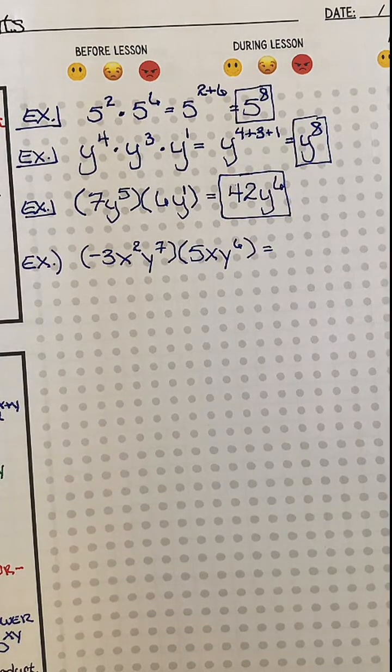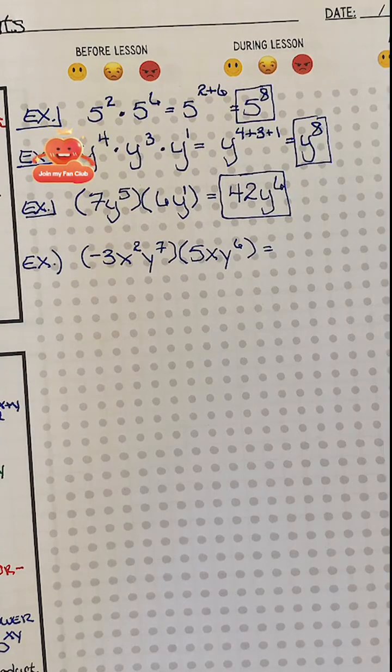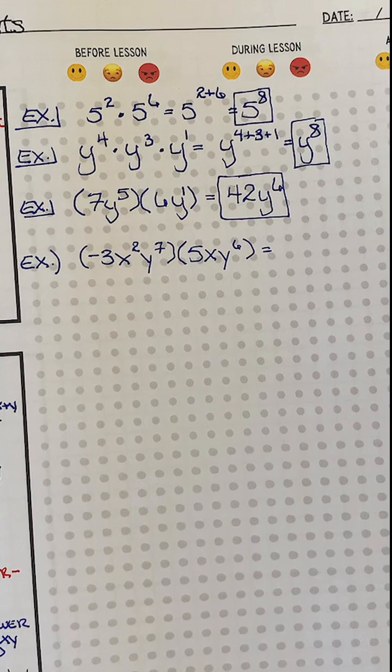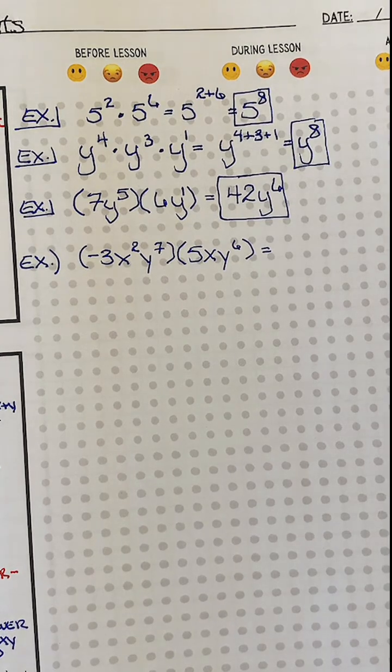Okay. All right. So now I have negative 15s. Hey, Janice. How are you? All right, so Sarah is saying negative 15x cubed y to the 42nd. Shushan is saying negative 15x cubed y to the 13th.